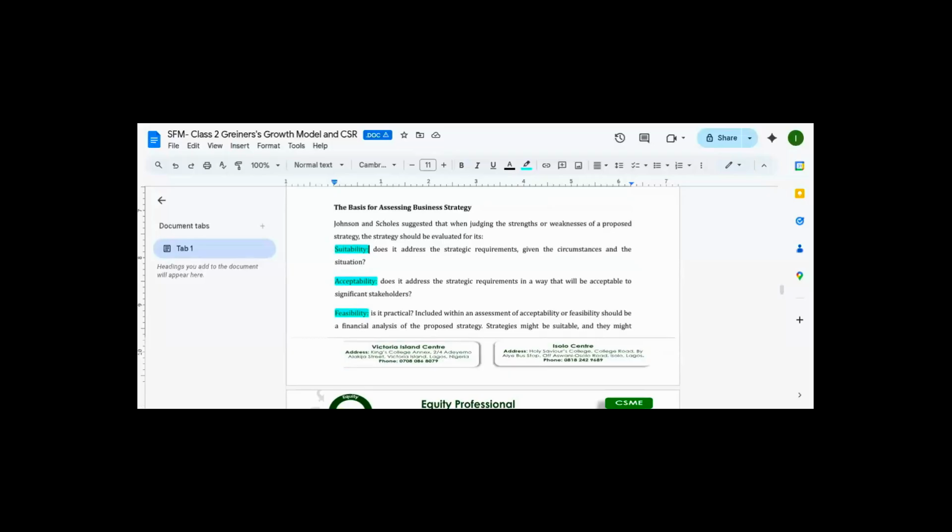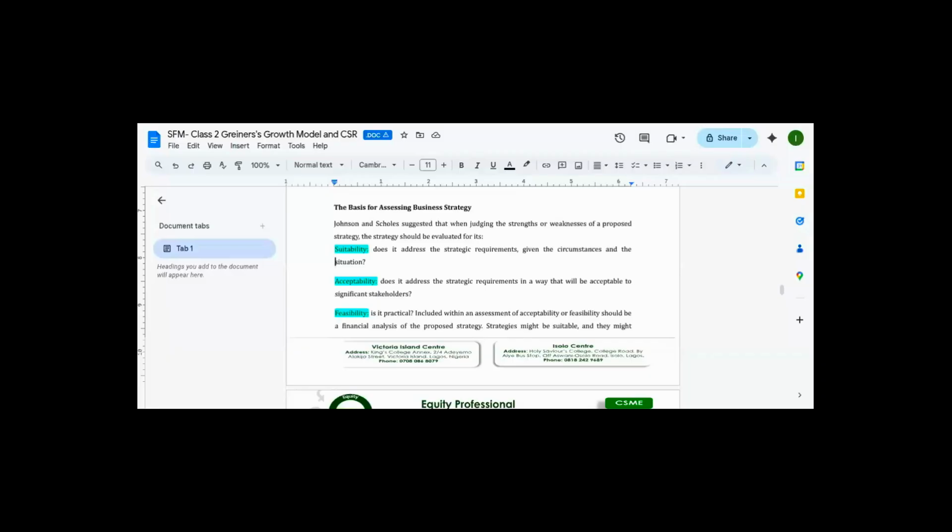Suitability means: does the strategy address the strategic requirements of the company, given the circumstances and the situation? That is the meaning of suitability. Is it in line with our vision and mission statement?